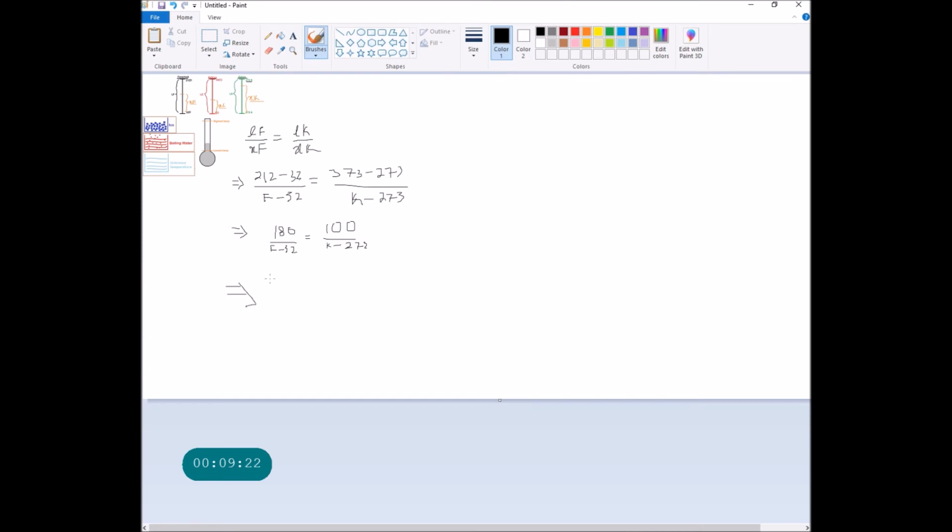So that will be 180 into K minus 273 is equal to 100 into F minus 32.